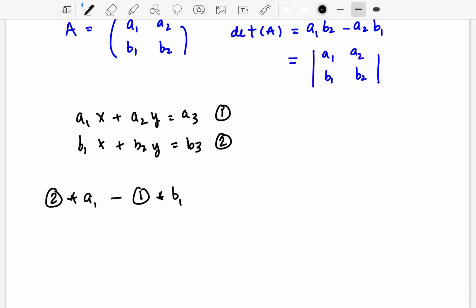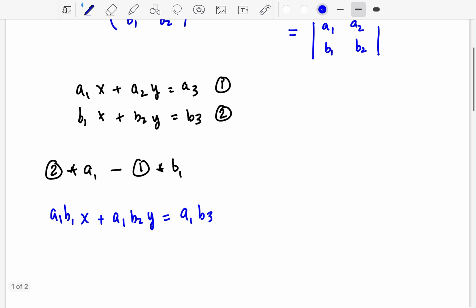If I do that, I get a1 b1x plus a1 b2y equals a1 b3, minus the first one multiplied by b1, so a1 b1x plus a2 b1y equals a3 b1.